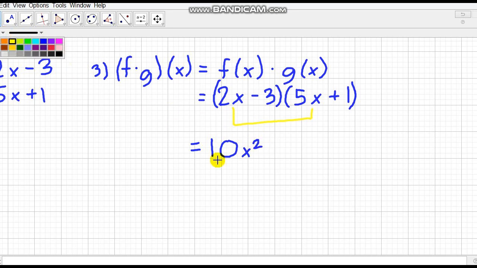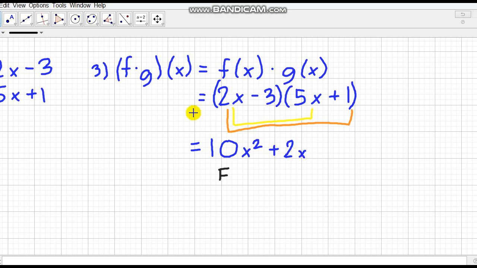Remember, that's the first term. Next is the outer term, which is 2x times 1, which is positive 2x.